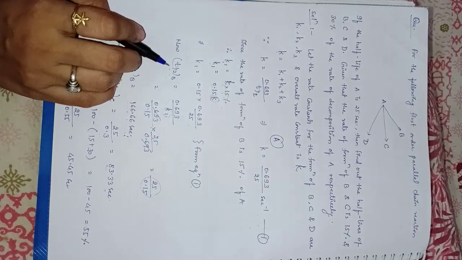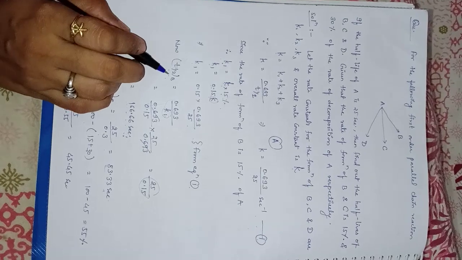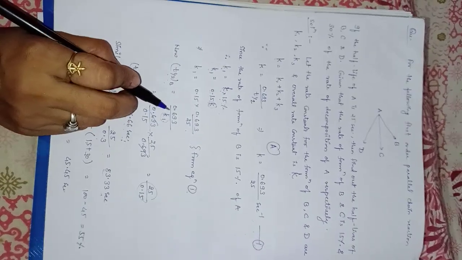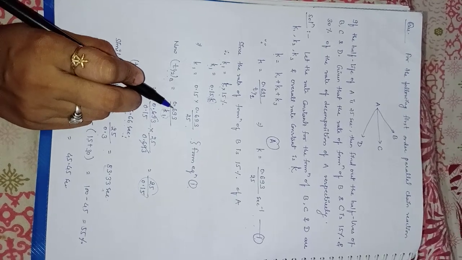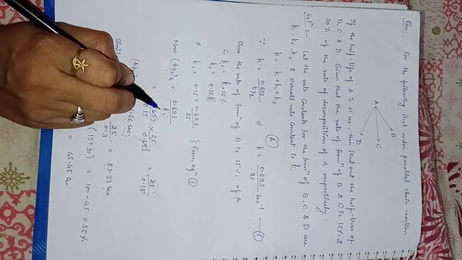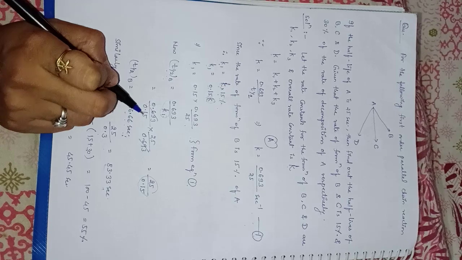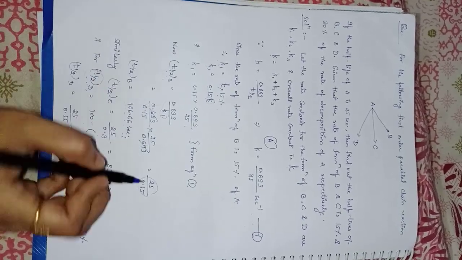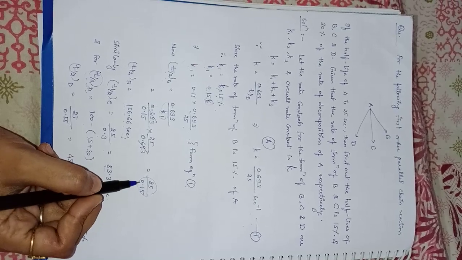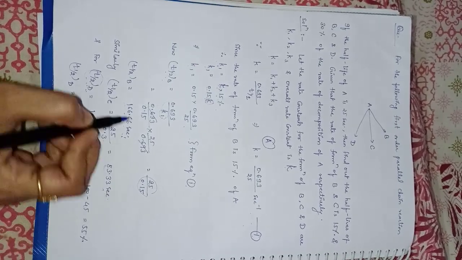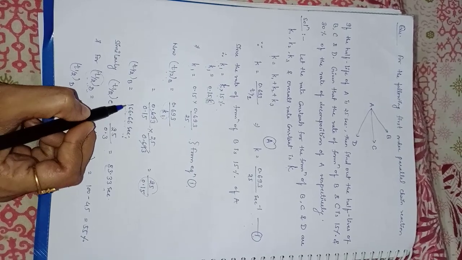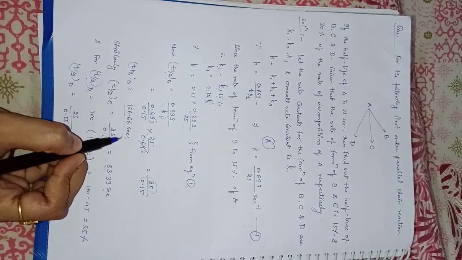Now for T half of B, because you also have to find the half-life of B, this will be equal to 0.693 divided by K1. Again you have to put the value of K1 here. After solving this, you will get 25 divided by 0.15. So the half-life obtained for B is 166.66 seconds.